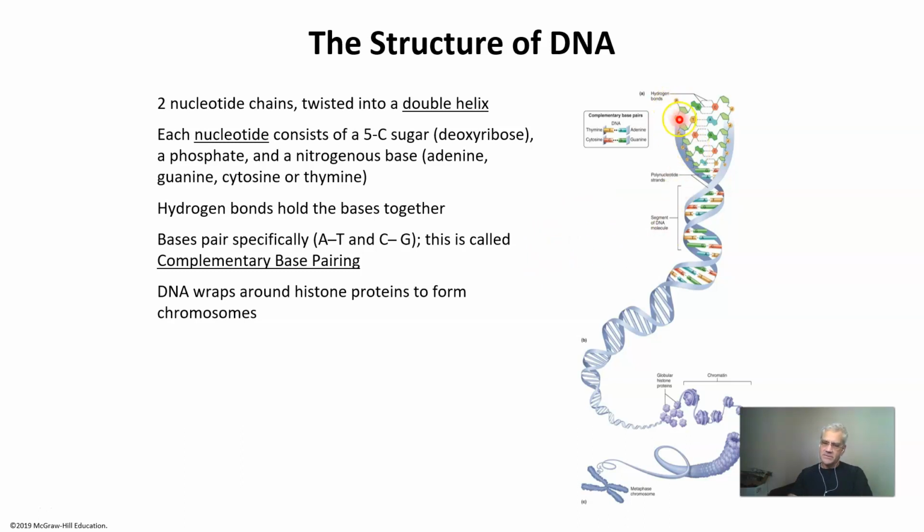The backbone is considered the support structure, that side and that side. And we'll see pictures in a moment that'll make it a little easier to understand. So these bases pair, and there's a base on one side, like half a rung, that pairs up with a very specific base on the other half of the rung.